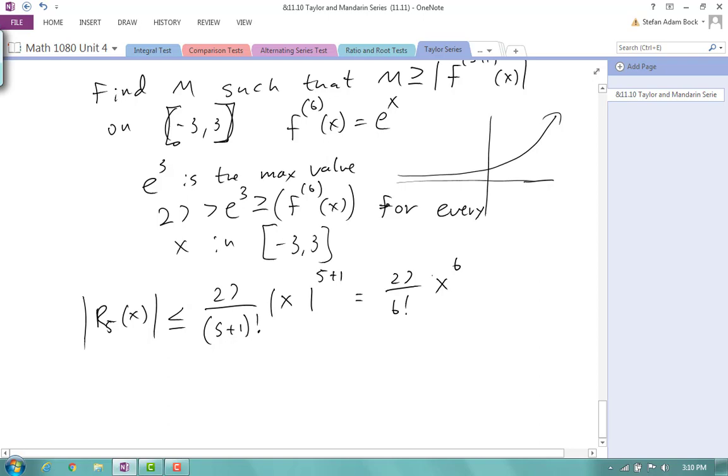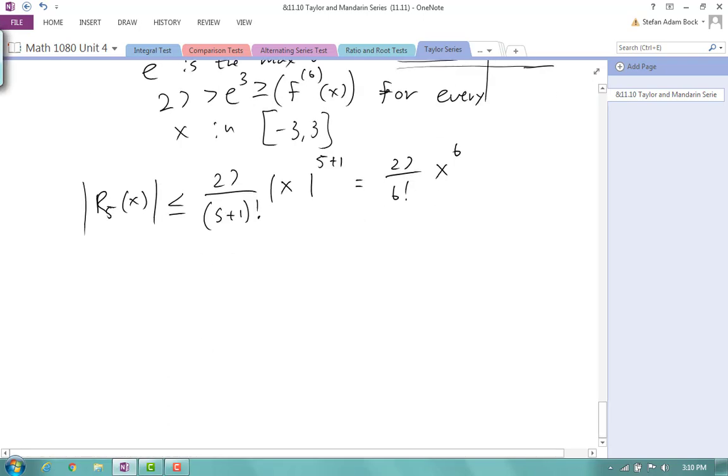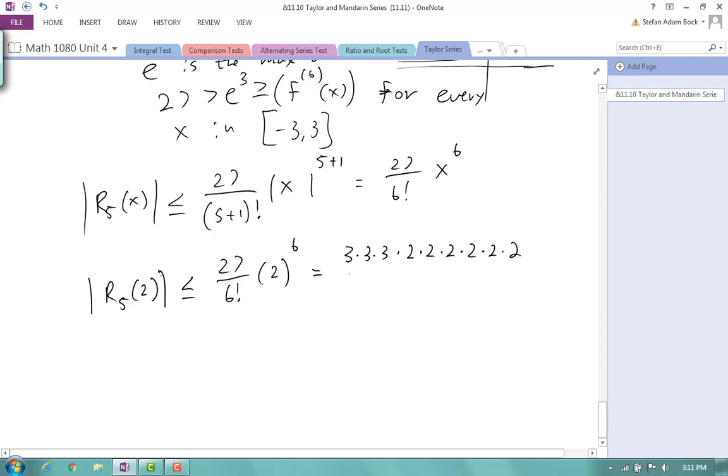But since my x is equal to 2 here, the remainder for evaluating 2 would be less than or equal to 27 over 6 factorial times 2 to the 6th, which is equal to, let me see here, I've got 3 times 3 times 3 times 2 times 2 times 2 times 2 times 2 times 2 divided by 6 factorial.